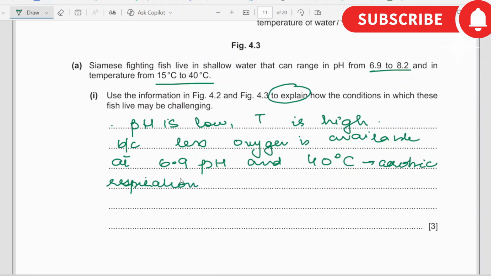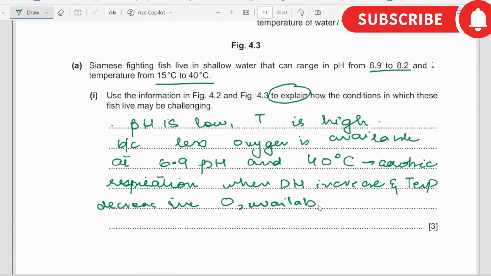Now, we have told the lower ones, when the oxygen availability is low. When would the oxygen availability be high? When pH increases and the temperature decreases, the oxygen availability is high, right?